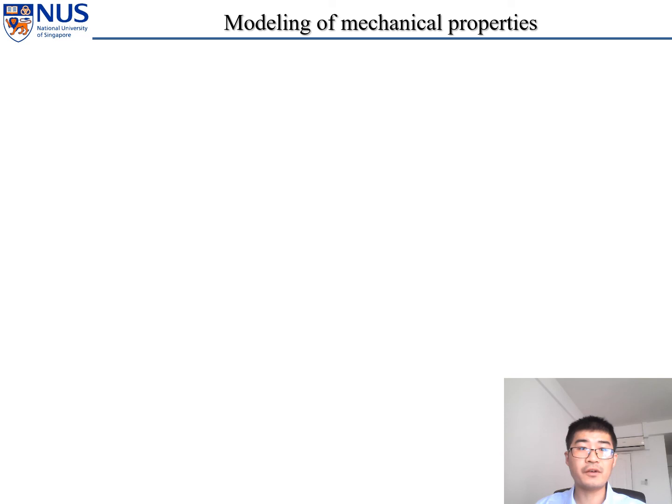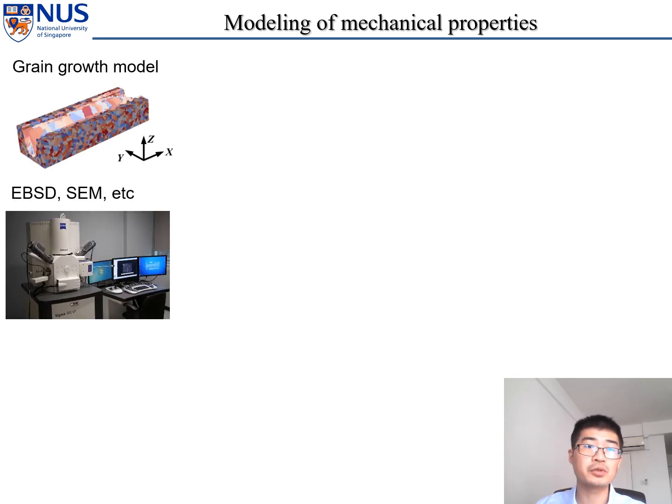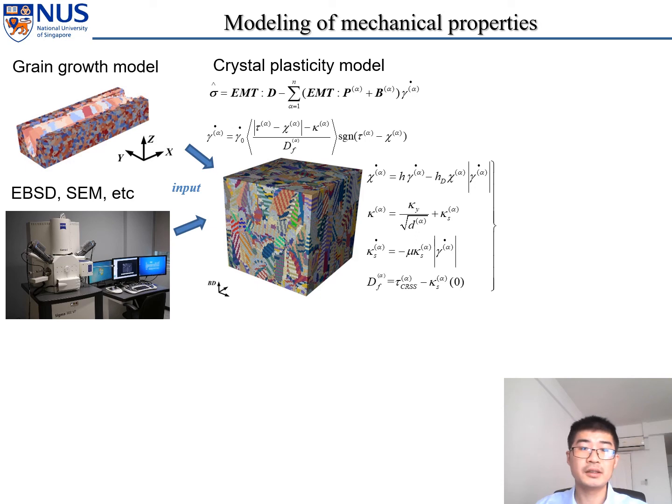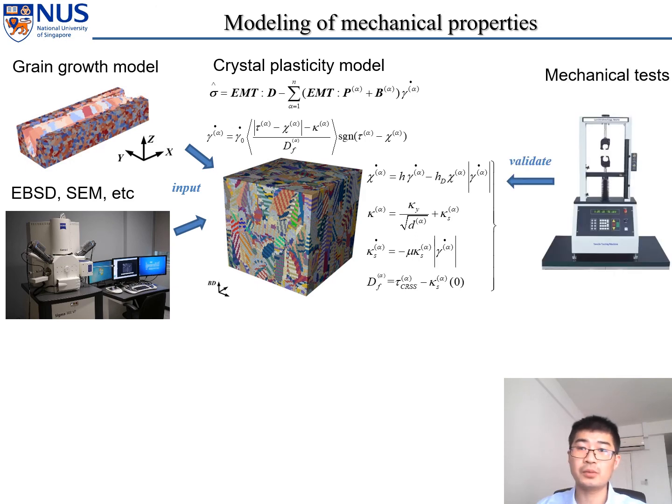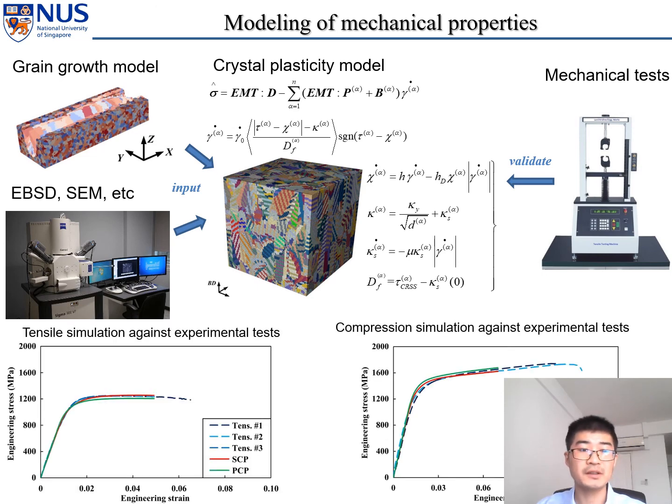And finally, with the grain structure evolution from either the grain growth model or experimental measurement, we can reconstruct the microstructure and then use the crystal plasticity model to simulate the mechanical properties, and we use mechanical tests to validate this model. And here are some brief results, including both tension and compression tests.